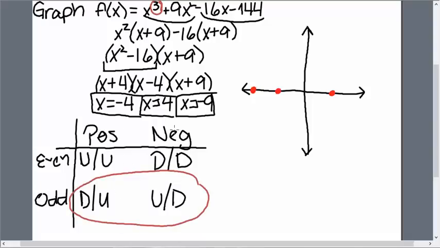The positive negative does not talk about the degree. What it talks about is out here. Is the first number positive or negative? In this case, there is no negative sign, therefore it's positive. So our function goes down, up. In other words, it's going to start from being down and it's going to go upwards.